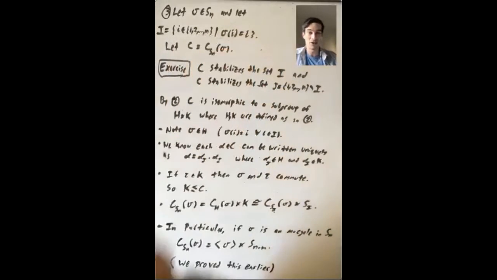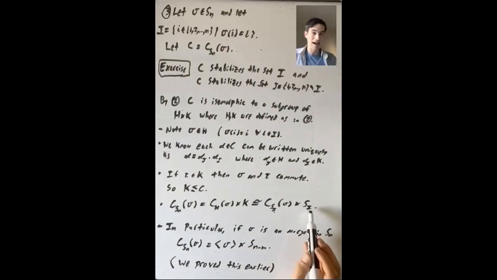And the set of things that are in J are just the m elements of the m-cycle of sigma. So what is the centralizer of an m-cycle in S_m? It's just the cyclic subgroup generated by sigma. And then what is S_I in this case? I is all the other n minus m elements.